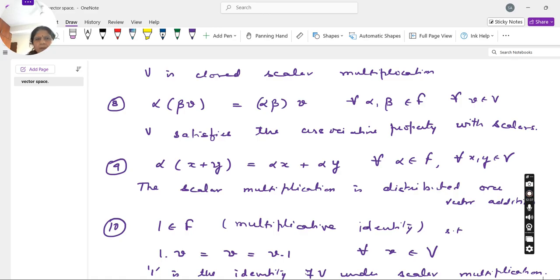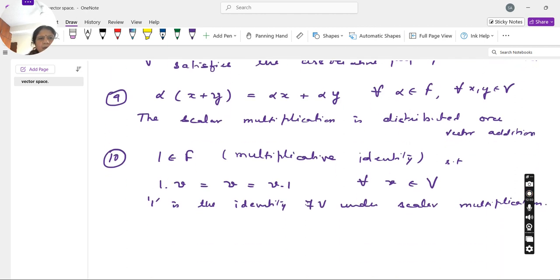And the one property that we have left is related with the field elements, which are also closed under scalar addition. So x into alpha plus beta is x alpha plus x beta.